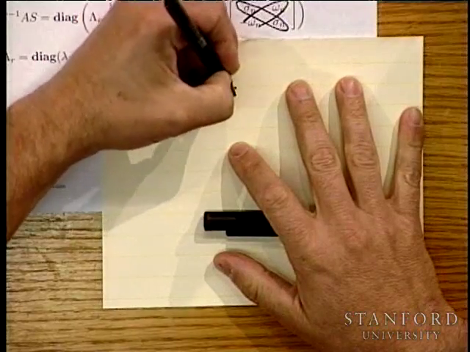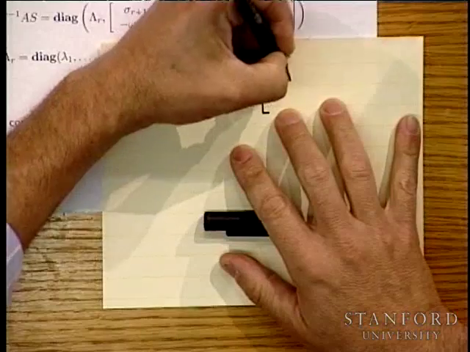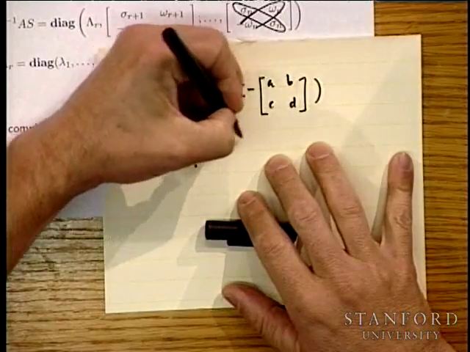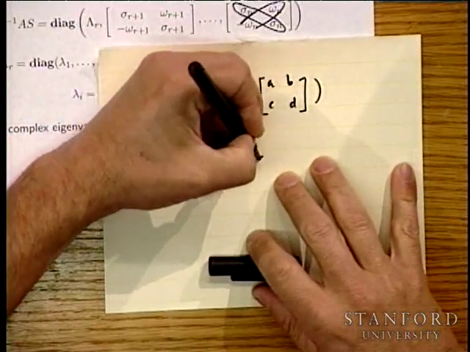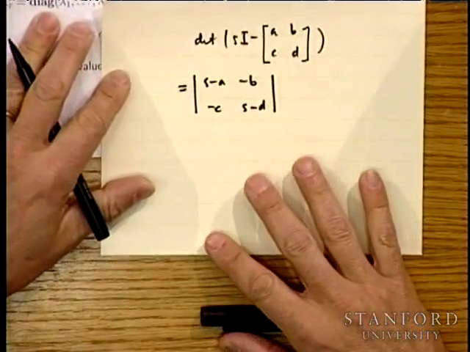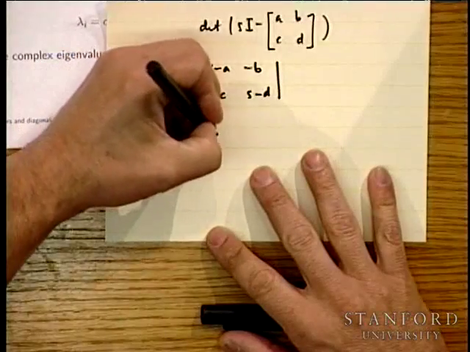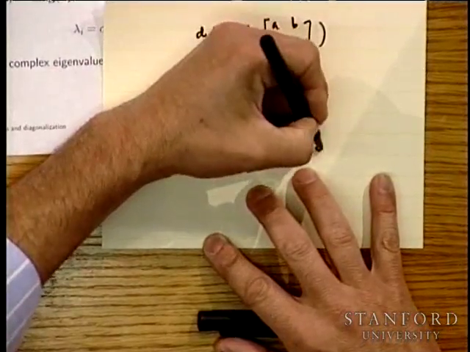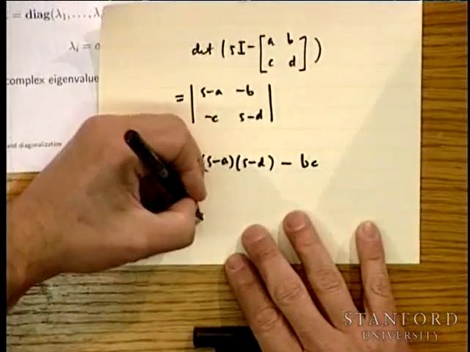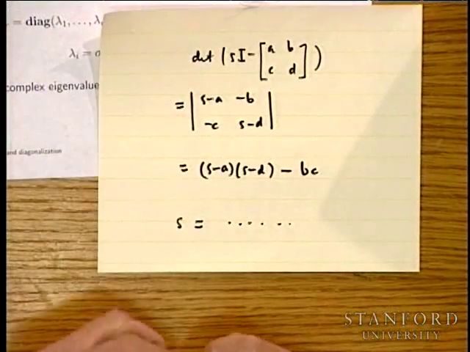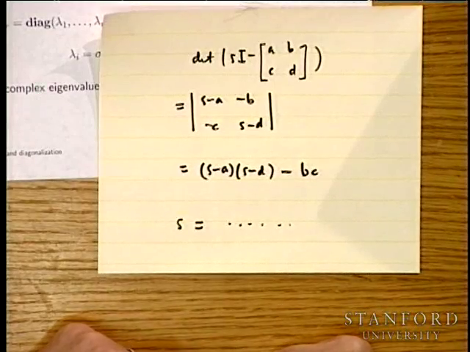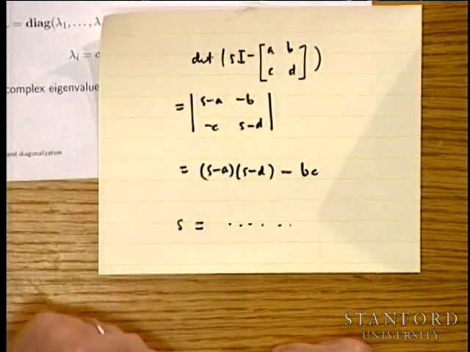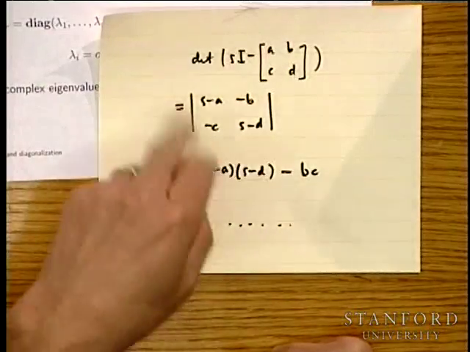It's det of sI minus A, with entries A, B, C, D. This is the kind of thing you should know. I did this in my head, but I sort of knew what the answer was. So you get this times that, minus BC. Now if I like, I could write my quadratic formula, which I don't dare do, but it would be some horrible expression. This was easier because, after all, B was equal to minus C and A was equal to D, so fewer things to keep track of. But this is what I did in principle.